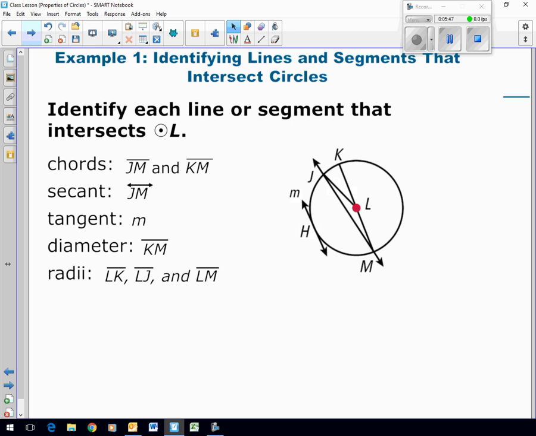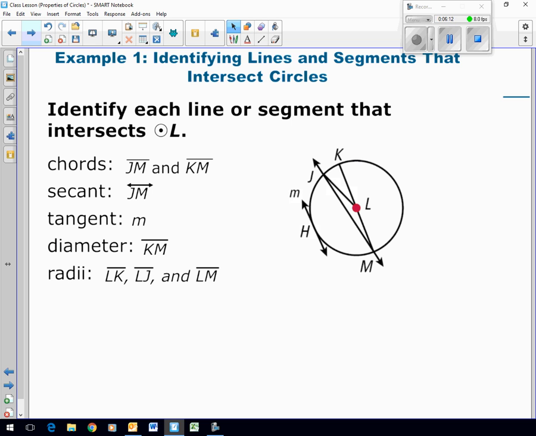If JM is a secant, it could be written as a line. Line M right here is a tangent line. So I could have put, instead of J and M right there, line L. In that case, you wouldn't have a chord.